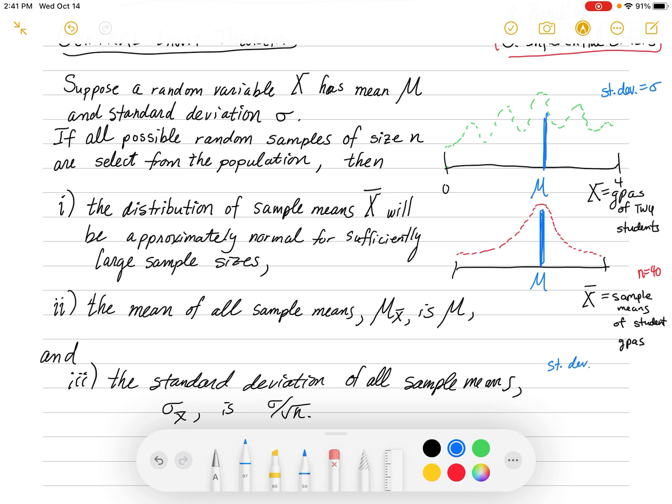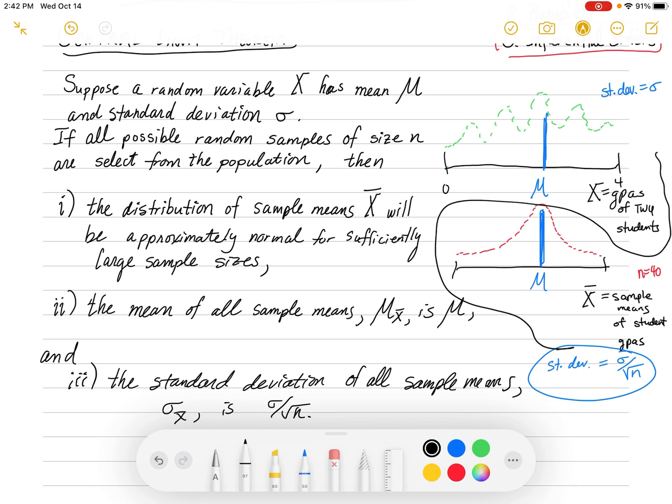The standard deviation of the X bars is going to be sigma divided by the root of n. So that's different, right? That's the standard deviation of the original population divided by the square root of the sample size. So this is all for the sampling distribution right here that I'm circling.